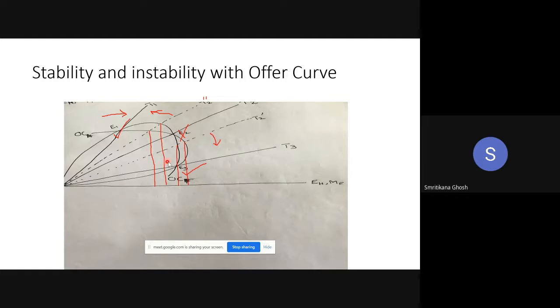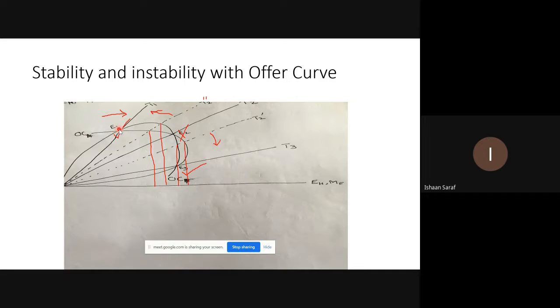The discussion is showing that T2 double dash cannot come back to T2. T2 double dash is going towards T1. Once you leave E2, as you cannot come back to E2 again, E2 is an unstable one. But if you leave E1 and come to any point on T2 double dash, you can go back to E1. So E1 is a stable one.